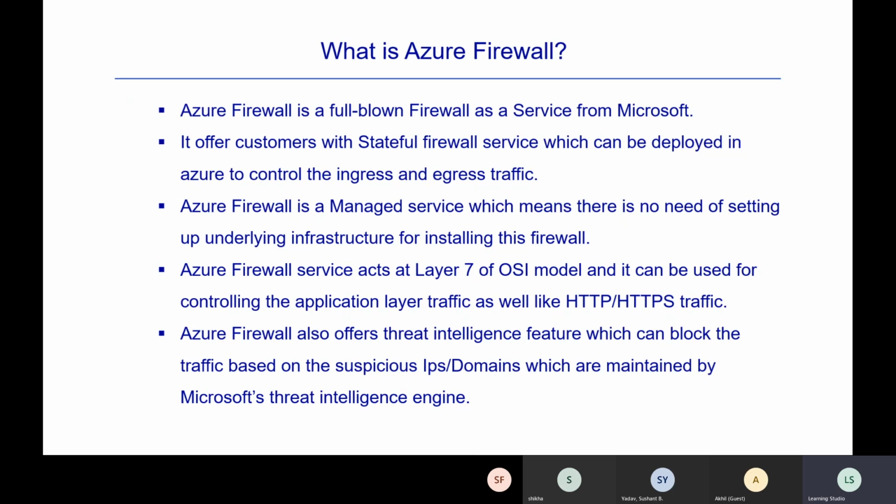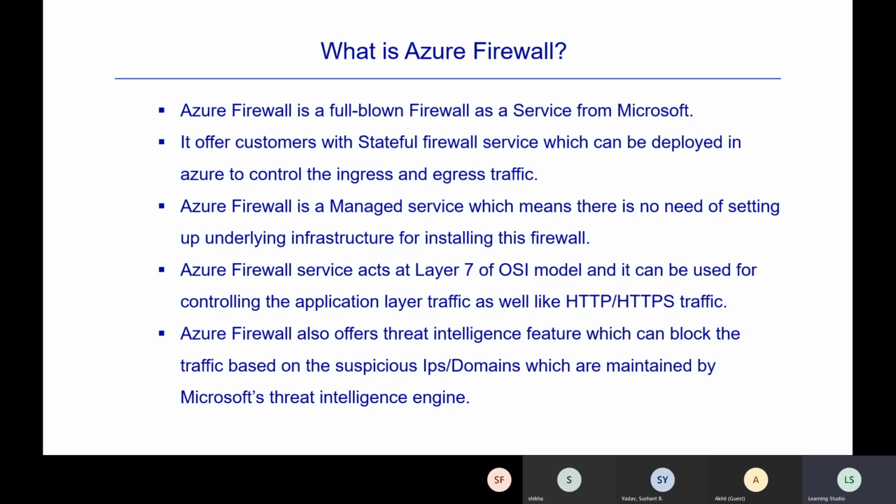The third one, which is again very important, is that Azure Firewall is a managed service, which means that you don't have to set up any underlying infrastructure for installing this firewall. Now, why have I added this point here?